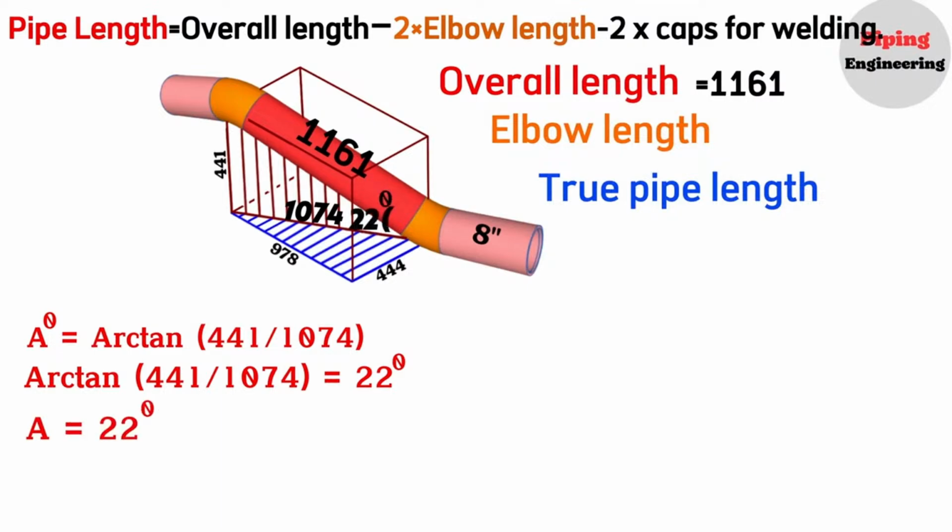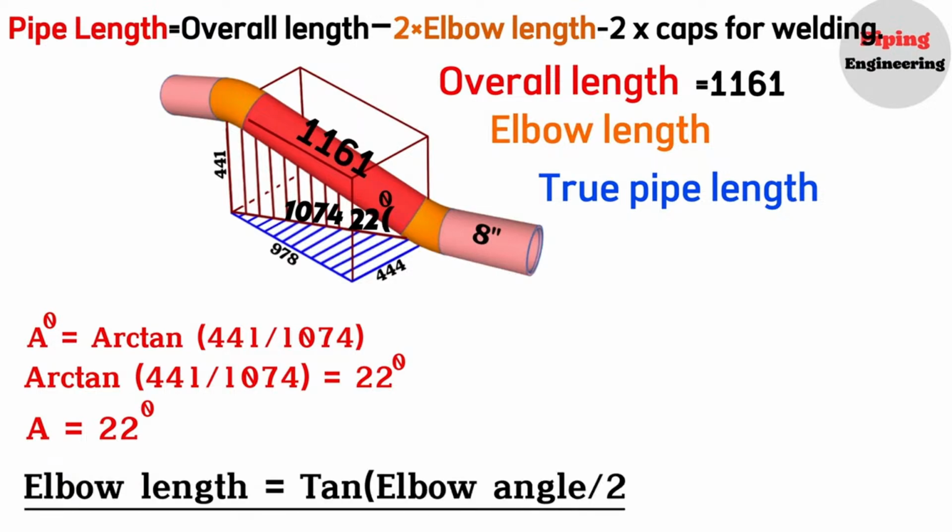Now we should find the length of the 8-inch 22-degree elbows. We will use this formula to find the length of the elbow, which we have prepared and shared in many videos previously. I will also include the links to those videos in the description below. The elbow length will equal the tangent of the elbow angle divided by 2, times 38.1, times the nominal pipe size, NPS, of the elbow.